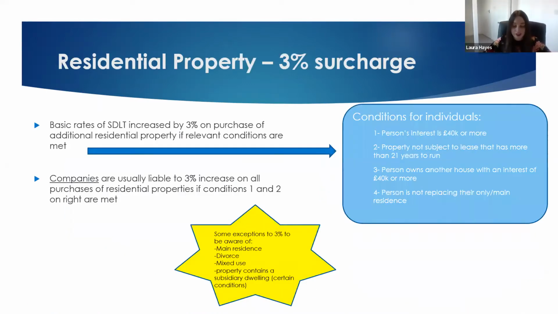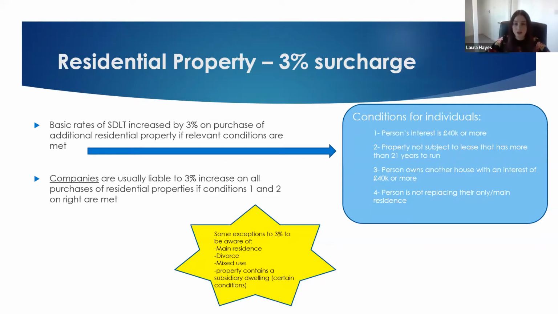So, as you've noted in the previous slide, in relation to residential property, sometimes the basic rates of SDLT can be increased by 3% for each consideration bracket. This 3% surcharge is added where there's a purchase of additional residential property if the relevant conditions are met.